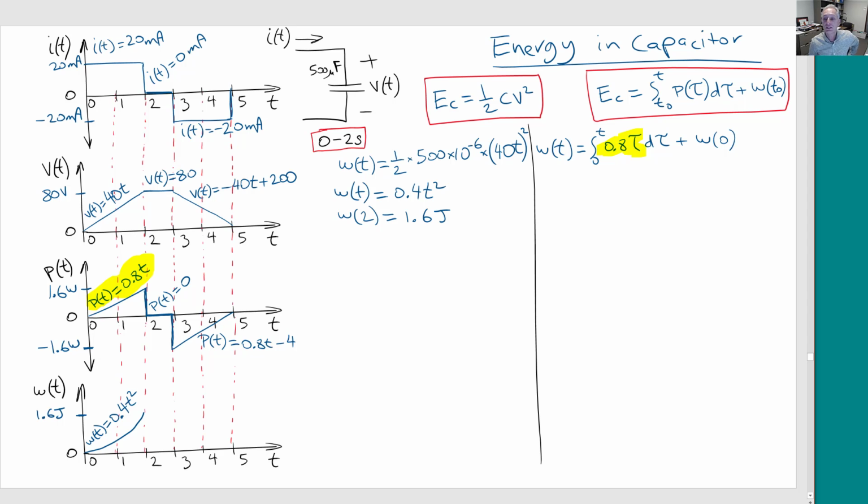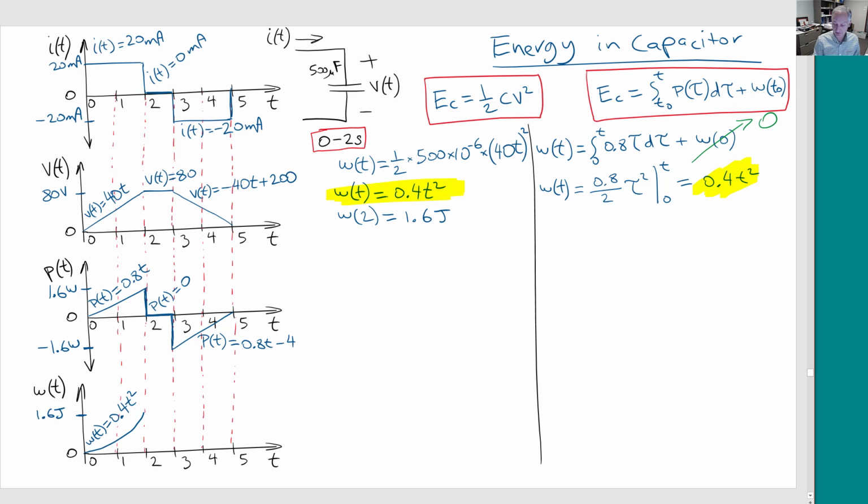So we're taking the integral of that, and the initial energy, which we know is 0. So then we take the integral, and we end up with 0.4t squared, which is exactly the same as what we had when we did it with 1/2 CV squared. So that's great. The two methods are consistent with each other, and that's what we would expect.